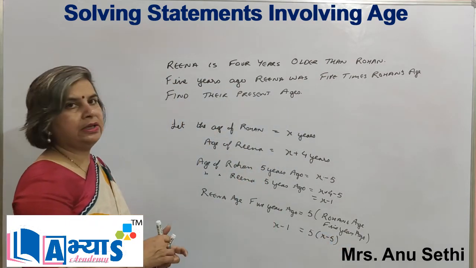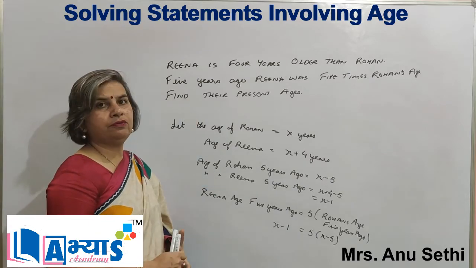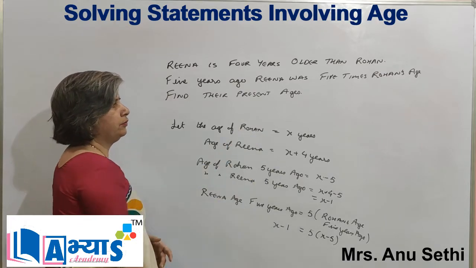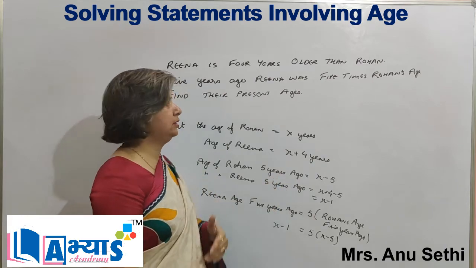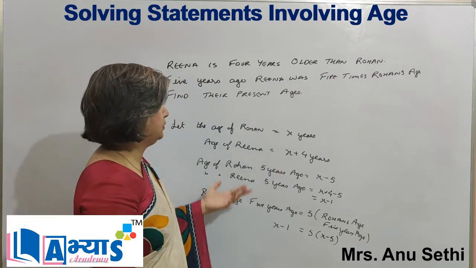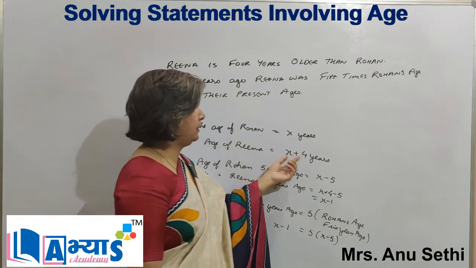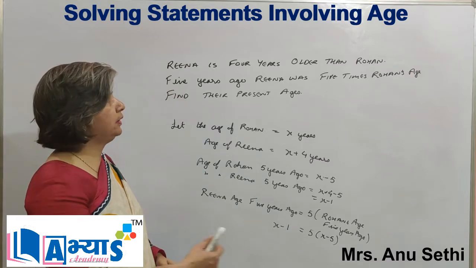So this is how an equation can be found, because we are given that Reena is 4 years older than Rohan. So we will assume the age of Rohan as x. Then Reena will become x plus 4, because Reena is 4 years older than Rohan. So we will add 4 years to Rohan's age, and it will become x plus 4. Now in the second statement it is given 5 years ago.